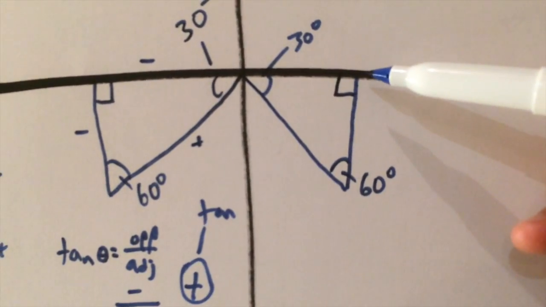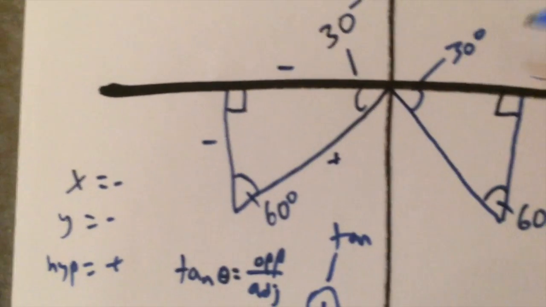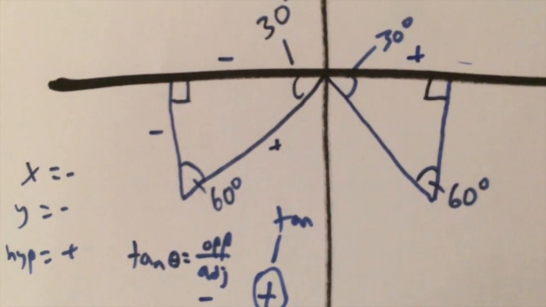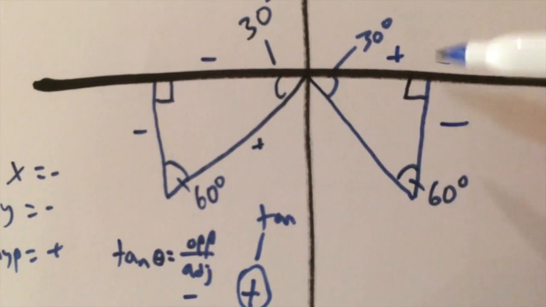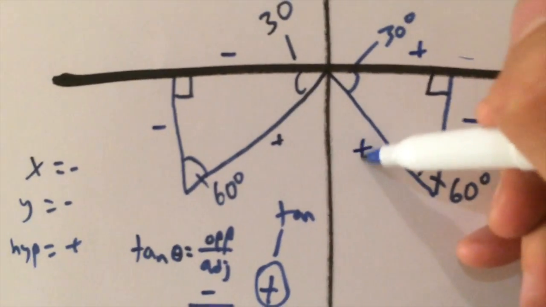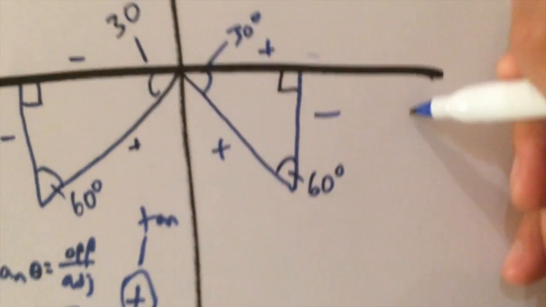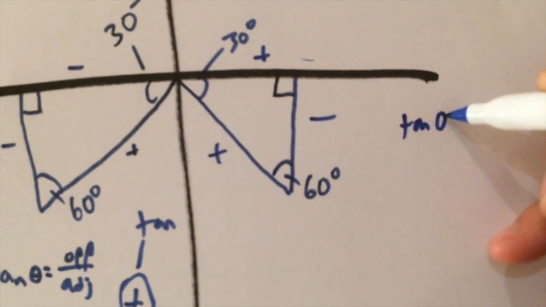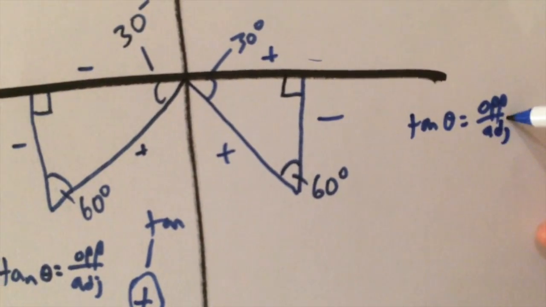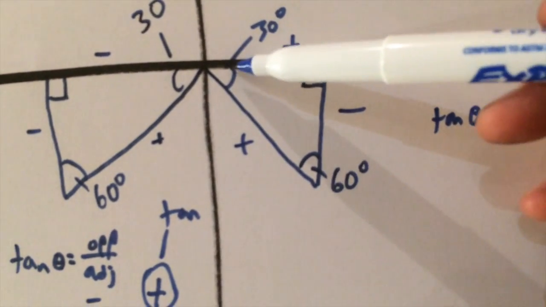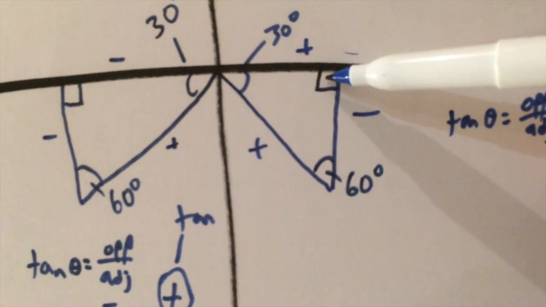Finally, for quadrant 4, the most challenging quadrant, you know that the adjacent is positive because it goes in the positive x direction. However, the y is negative, because it's going in the negative y direction. The hypotenuse is always positive. So when you do tan theta, opposite over adjacent, the opposite is negative and the adjacent is positive.